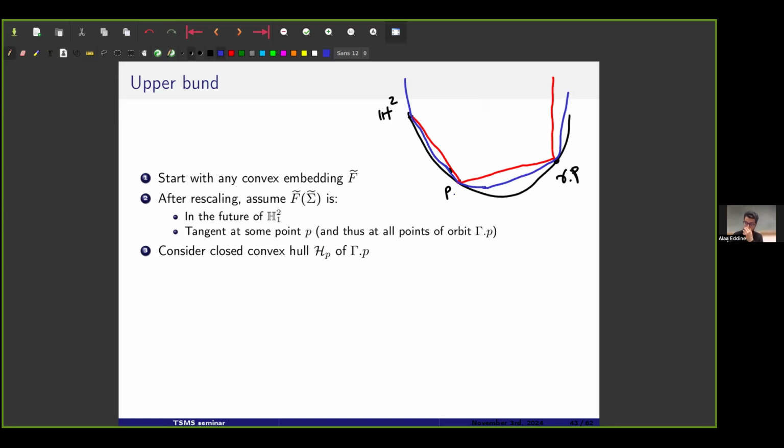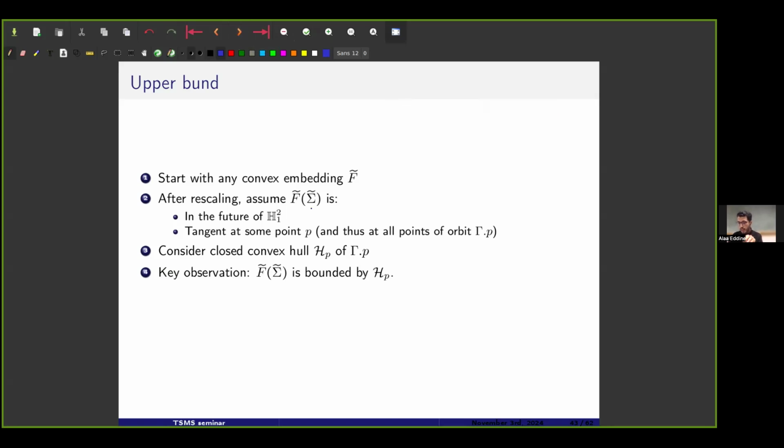Okay, so since our graph is always bounded by HP, the question is reduced to proving that the boundary of HP is always bounded by some level.